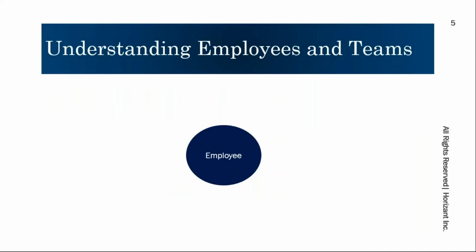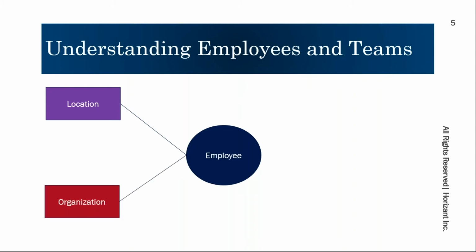So with Archibus and space and teams, one of the things that I wanted to focus on was the notion that we really want to look at a different way of occupancy. For the longest time, we've always dealt with the concept that employees were assigned to an individual location and they belong to a specific organization.